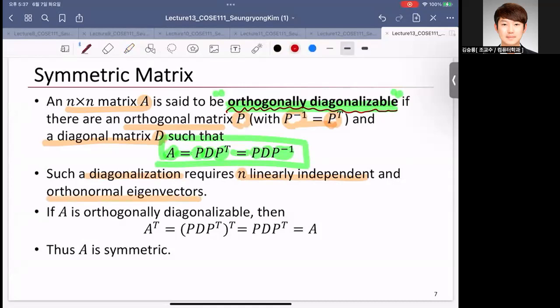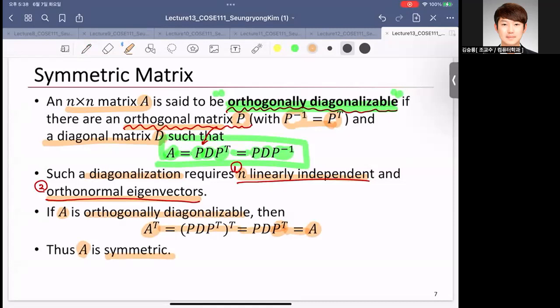Eigenvectors should be linearly independent and also normal, because we assume the orthogonal matrix P. Then if matrix A is orthogonally diagonalizable, A transpose is the transpose of P D P transpose, which is P D P transpose, which is A. So matrix A is symmetric.